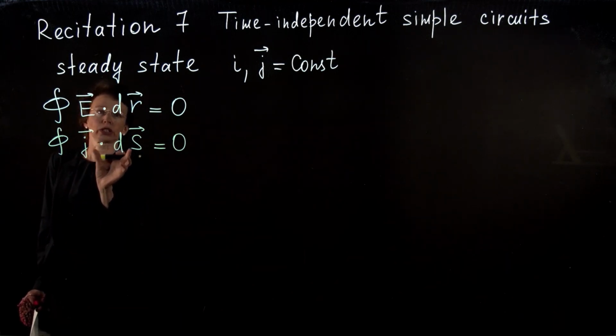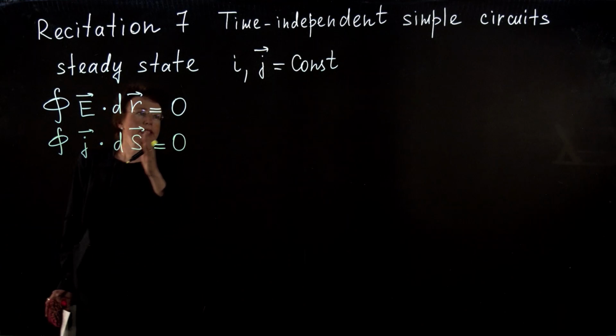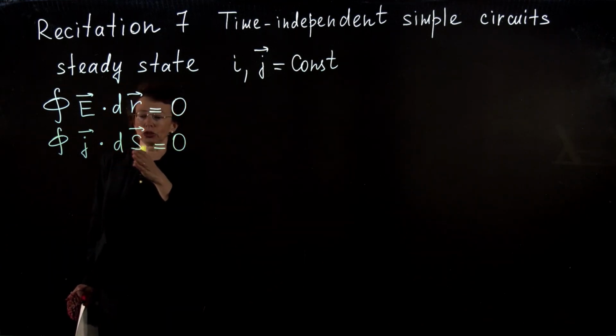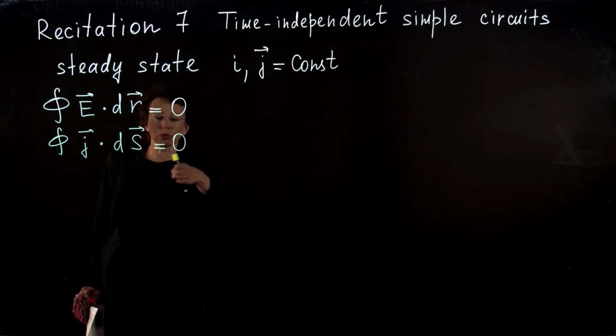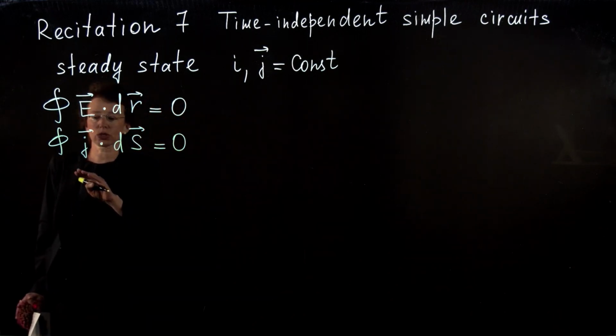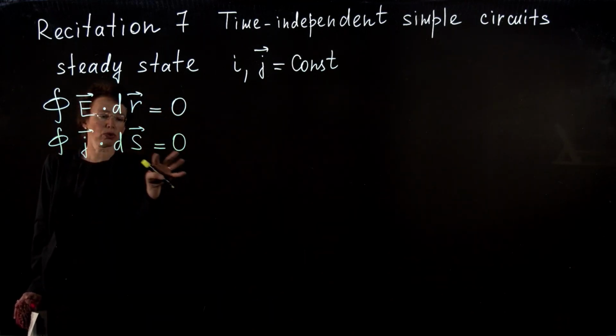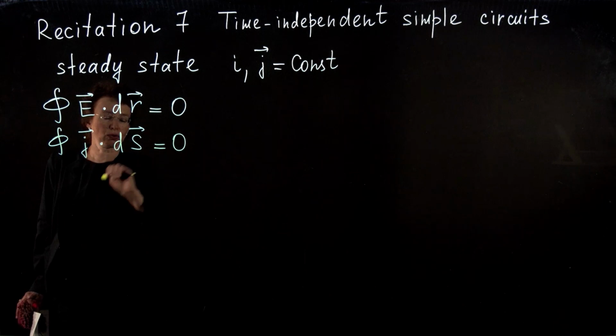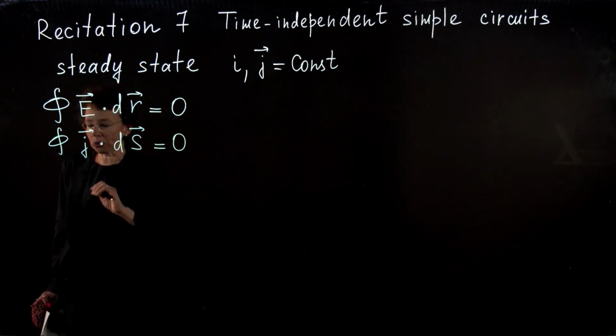And this works again because of steady state. Current and current density do not depend on time, so the amount of charge that comes to some cross-sectional area should be the same as the amount of charge that leaves this cross-sectional area, so for a closed surface, the flux is 0.